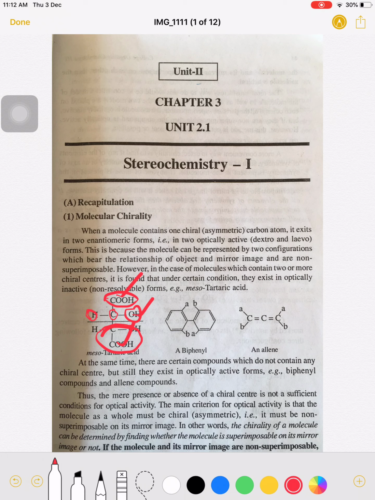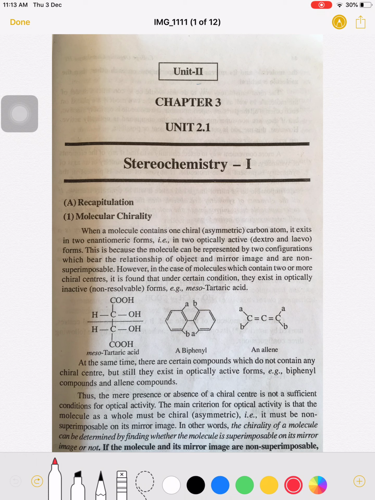Therefore, the central carbon is known as an asymmetric carbon atom, or a chiral carbon atom. Those molecules which contain an asymmetric carbon atom exist in two enantiomeric forms, that is, two optically active forms, dextro and levo.